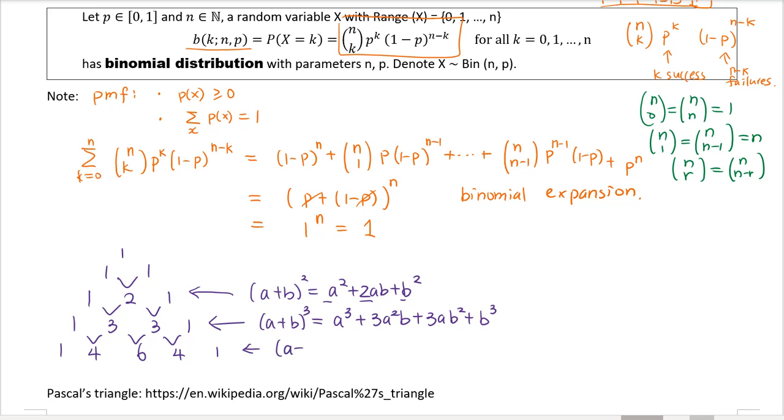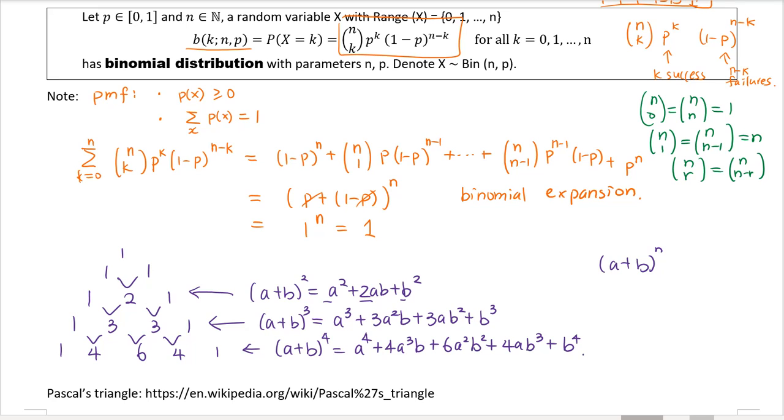In general, for a plus b to the 4th, you have a to the 4 plus 4a cubed b plus 6a squared b squared plus 4ab cubed plus b to the 4th. So the numbers in the Pascal triangle correspond to the coefficients of a plus b to the n.